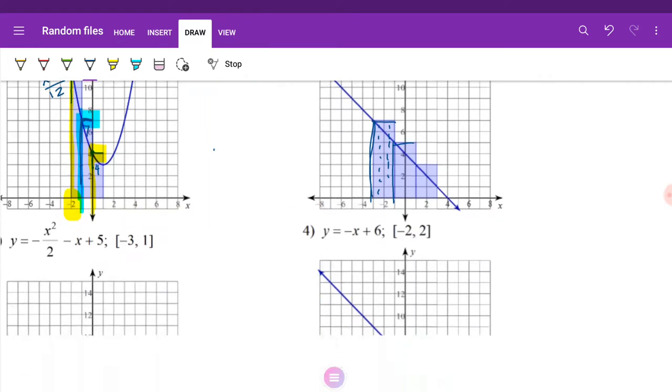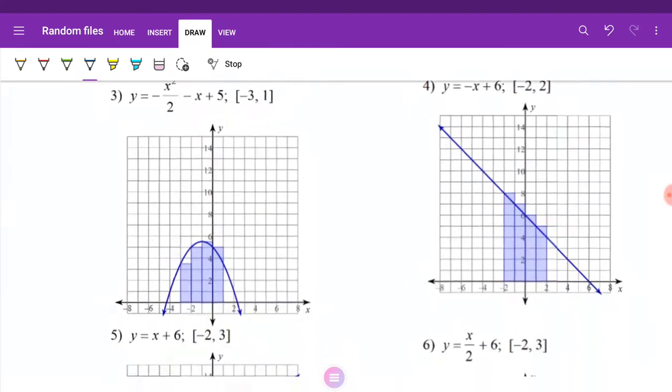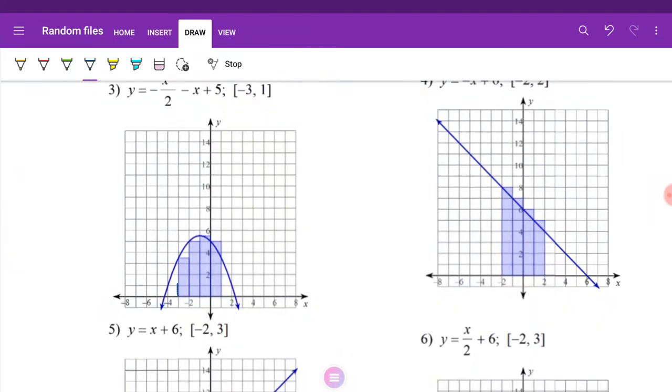So let's look at question 3 here. Do you see how this first box does not hit perfectly at a number? We have to figure out how tall that box is. So it touches the x-axis at -3, so we're going to plug in -3. The second box starts at -2.